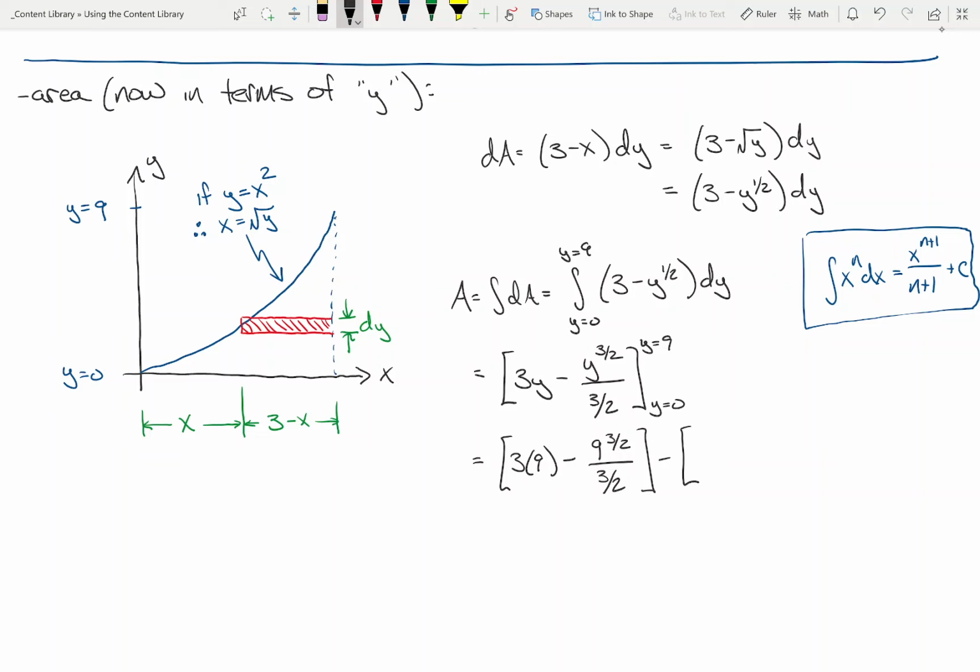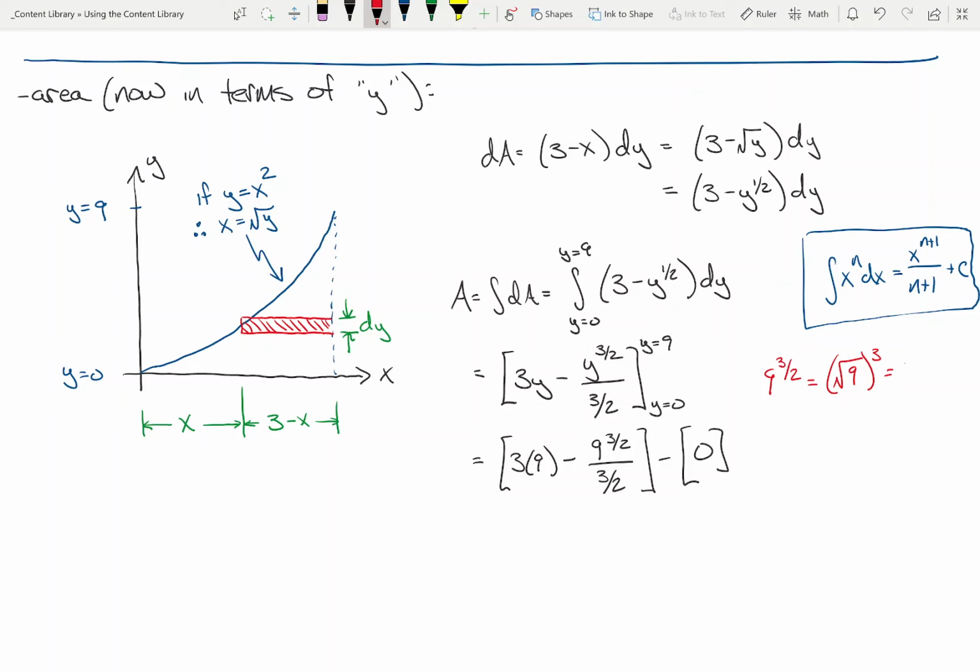Okay. Plug in the top number minus plug in the bottom number. What happens when we plug in the bottom number, by the way? 3 times 0 minus 0, so this is going to be 0. By the way, 9 to the 3/2 is, what is that? The square root of 9 cubed.